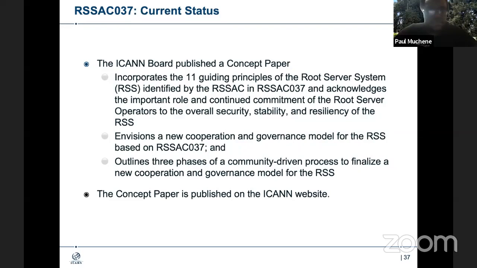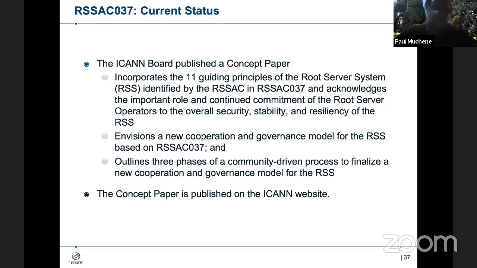And it envisions that there'll be a new cooperation and governance model for the root server system. And it also outlines 3 phases in which the wider ICANN community can be part of, or co-opted into, this governance model, the RSS.